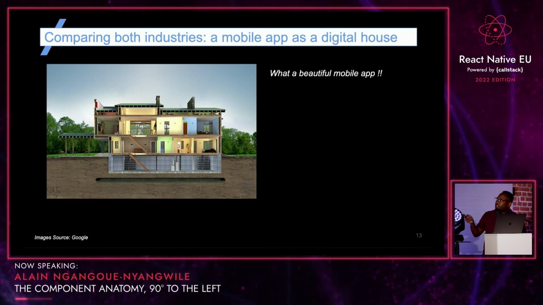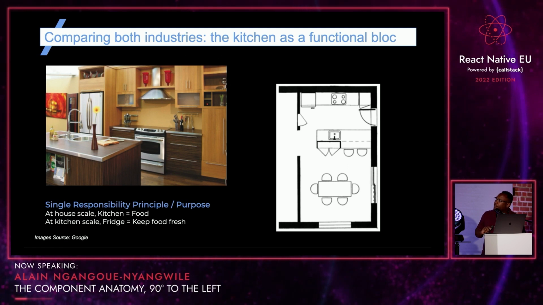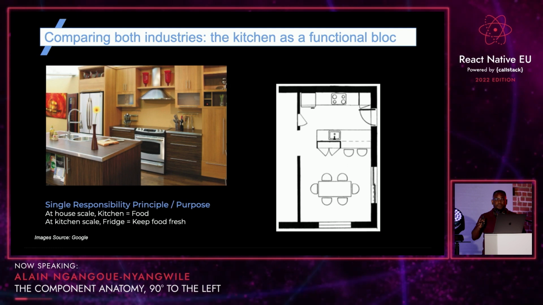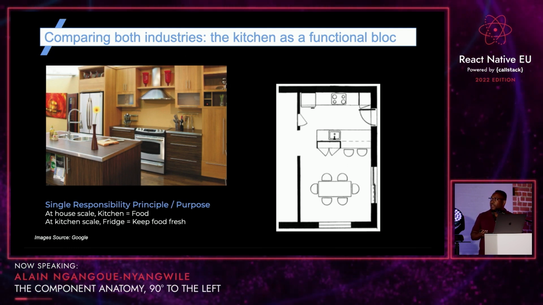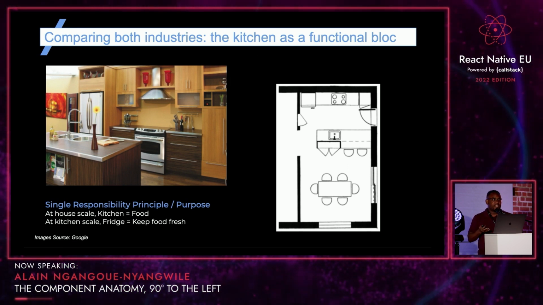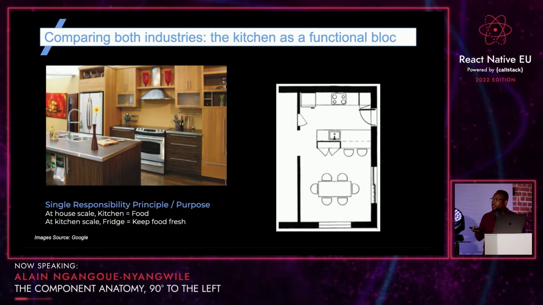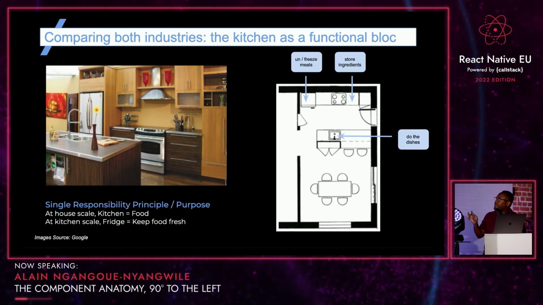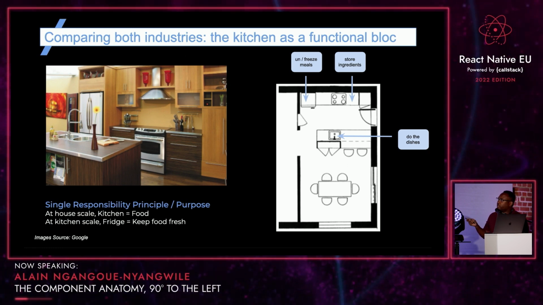So let's take a concrete example. The kitchen. At the house scale, the responsibility of the kitchen is to manage food. But at the kitchen scale, managing food doesn't make any sense since everything in the kitchen is designed for managing food. So there is a need here for sub-specialized functions like freezing meals, stirring ingredients, or doing the dishes.